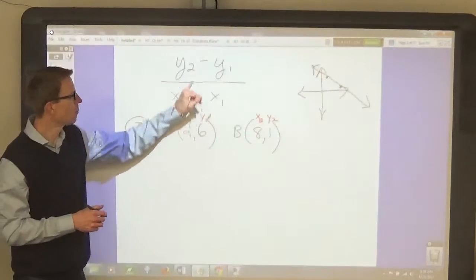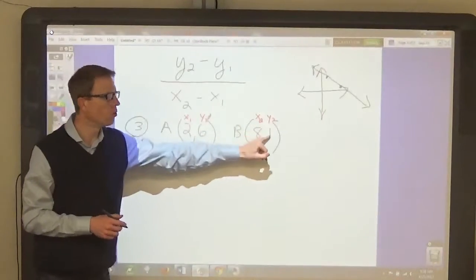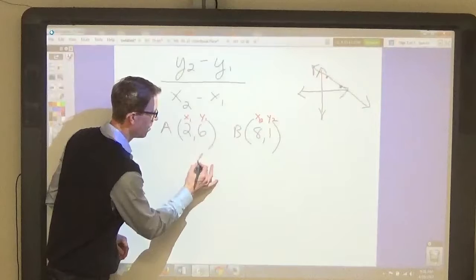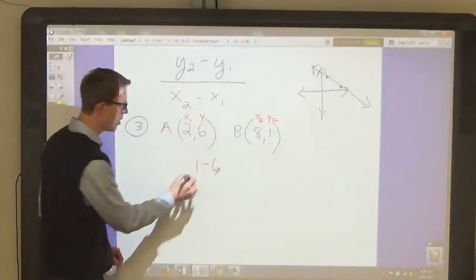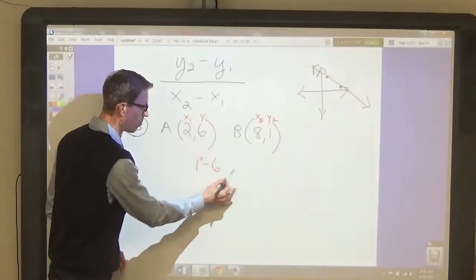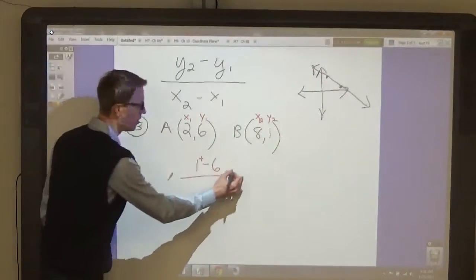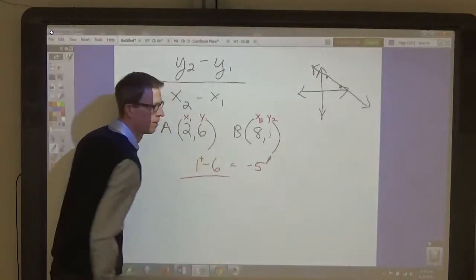So what we do is subtract the y coordinates, y2 minus y1, 1 minus 6, which you make 1 plus negative 6. And that equals negative 5.